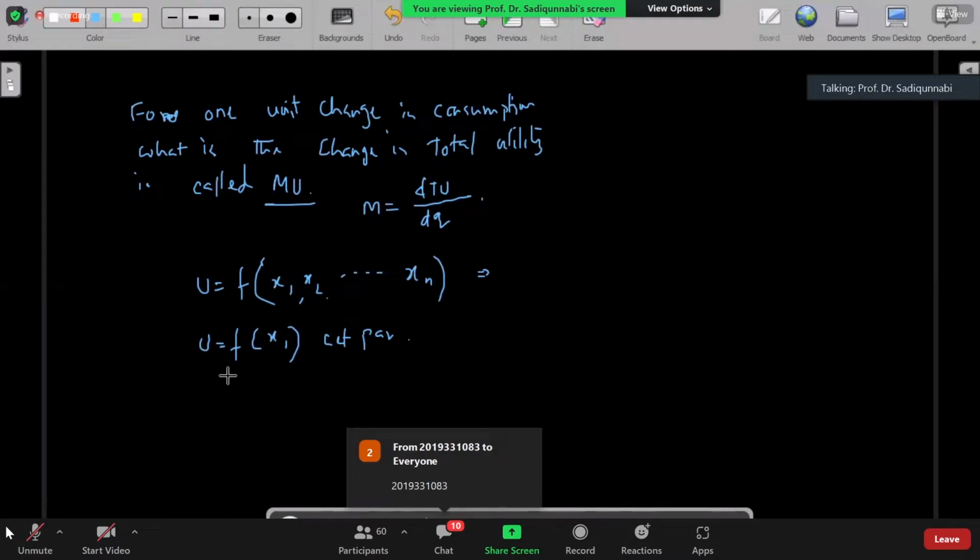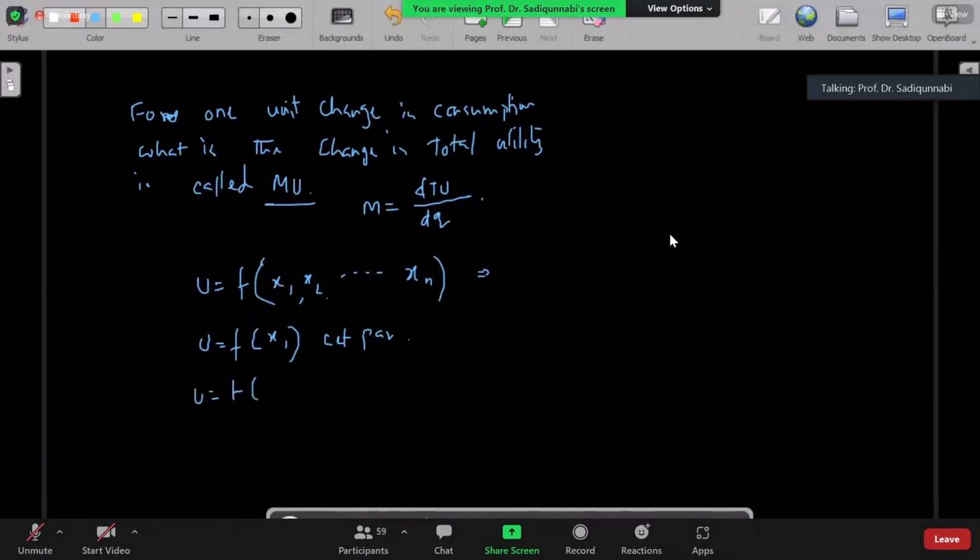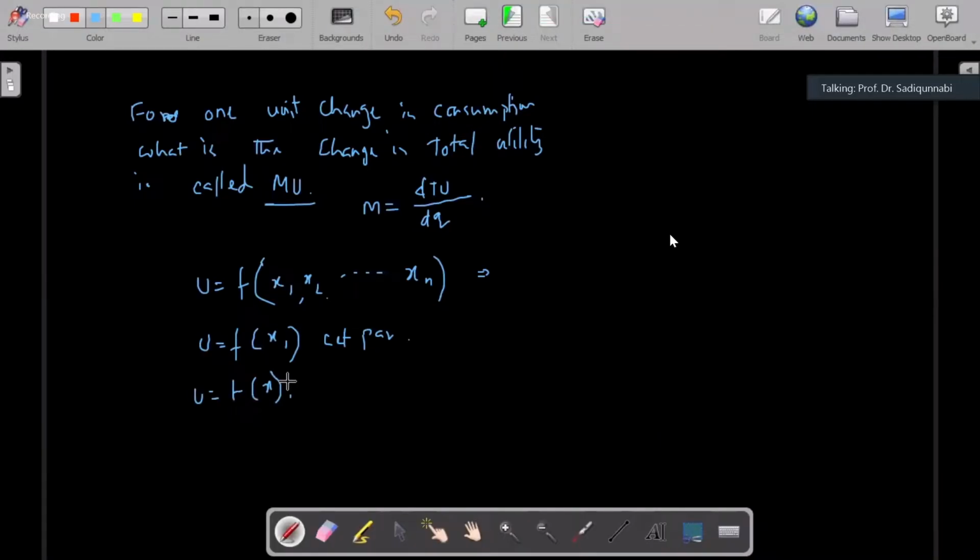Or simplified, utility is a function of x, where x is a good. Now, what is the marginal utility? Marginal utility is du/dx. This is the mathematical illustration of marginal utility.